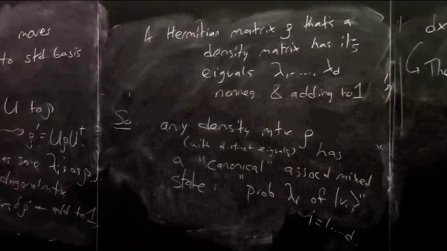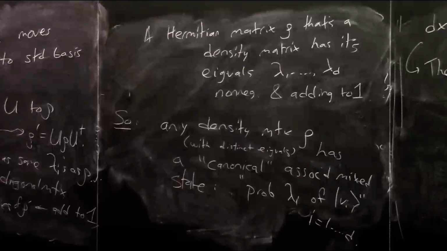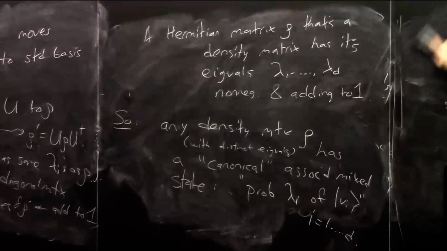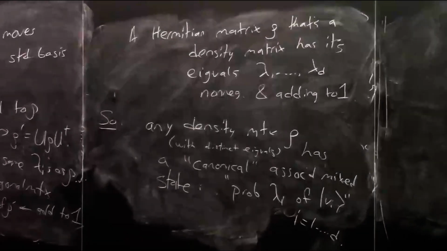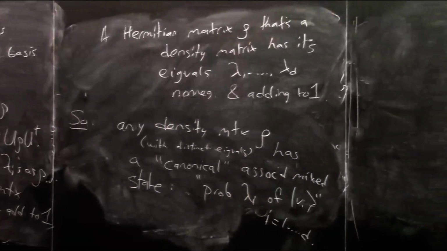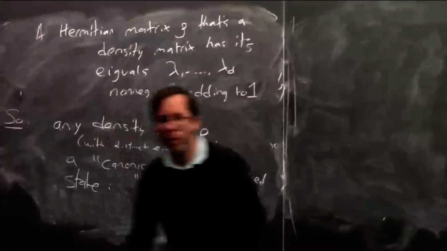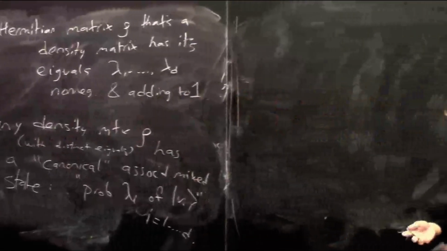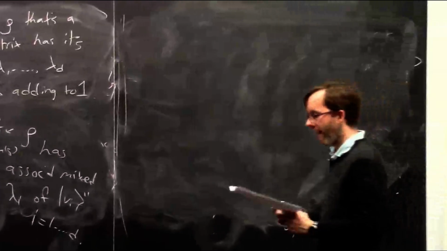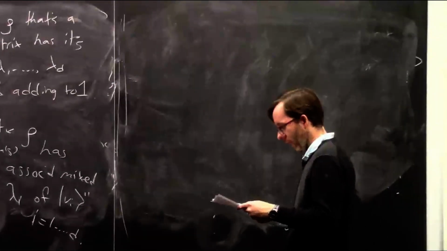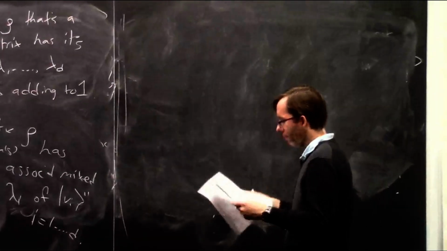But I don't want to totally tell you to forget about this and not worry about it, because actually there's one important density matrix where this doesn't happen. In fact, it fails to happen in the most blatant way. It's the density matrix where all the eigenvalues are the same. And I'll mostly close by telling you about that.